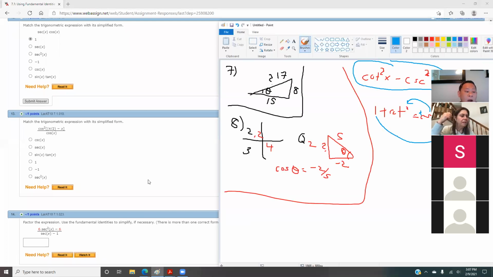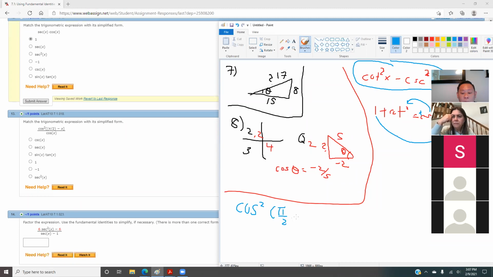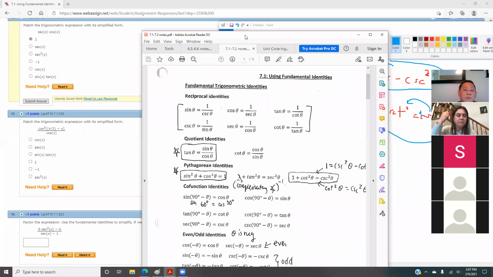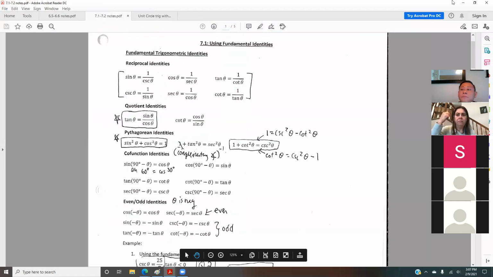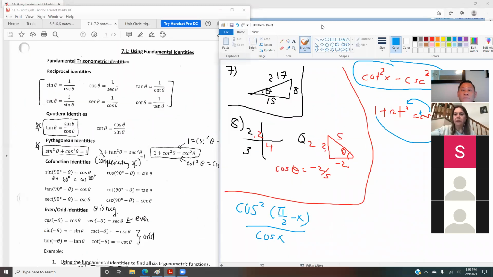Okay, this one is a little bit tough. Again, what do you do for the top one? Cosine square of pi over 2 minus x, over cosine x. Every time you see pi over 2, which identity would you use? Cofunction.